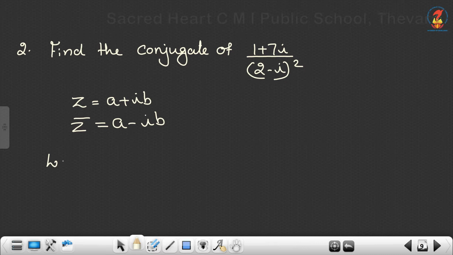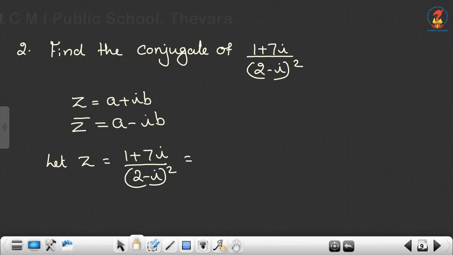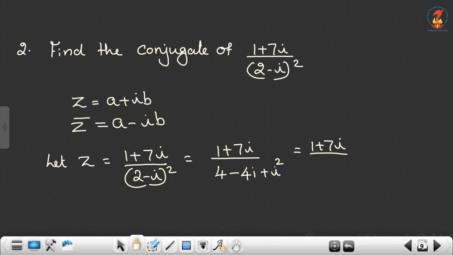Let z be the given complex number (1 + 7i)/(2 - i)². First we simplify the denominator. Expand (2 - i)²: 4 - 4i + i². So 1 + 7i by, i² is minus 1, 4 minus 1 is 3, so 3 - 4i.